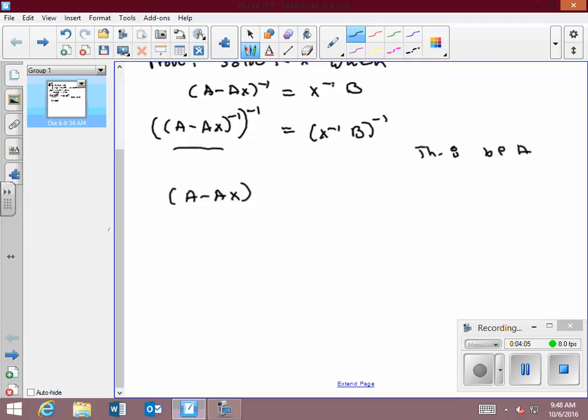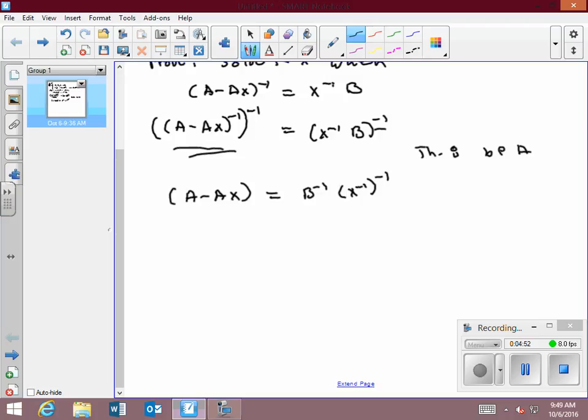That B and A are row equivalent. This invert is the invert in reverse order, right? If you do the invert of the invert, then you get this. And this invert right here is the reverse order of the matrices' inverts.